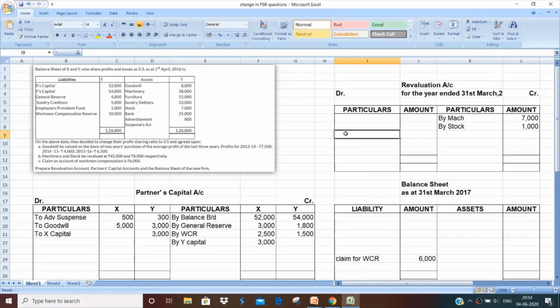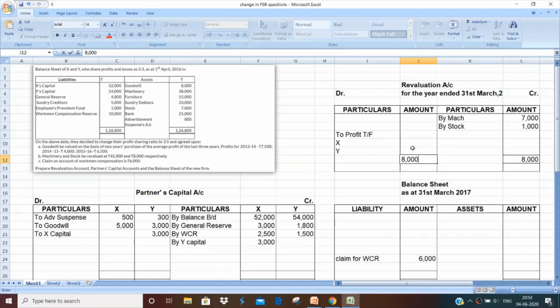So first I'll balance my revaluation account to profit transferred to partners capital account. Who are the partners? X and Y. So when we do the totaling, the total amount is 8,000 on the credit side. We write the greater total on both sides.